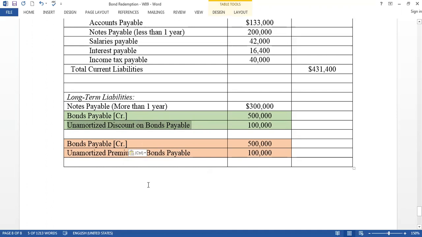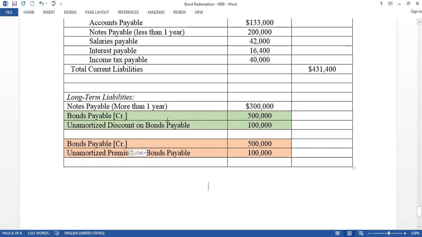It means that we just recorded the discount. We have not yet transferred this discount to the interest expense. Can you remember? Discount and premium are adjustments to interest expense. Discount is going to add, and premium is going to deduct from interest expense, right? So we have discount on bonds payable not yet transferred to the interest account, and premium on bonds payable not yet transferred to the interest account. Okay. It is unamortized.